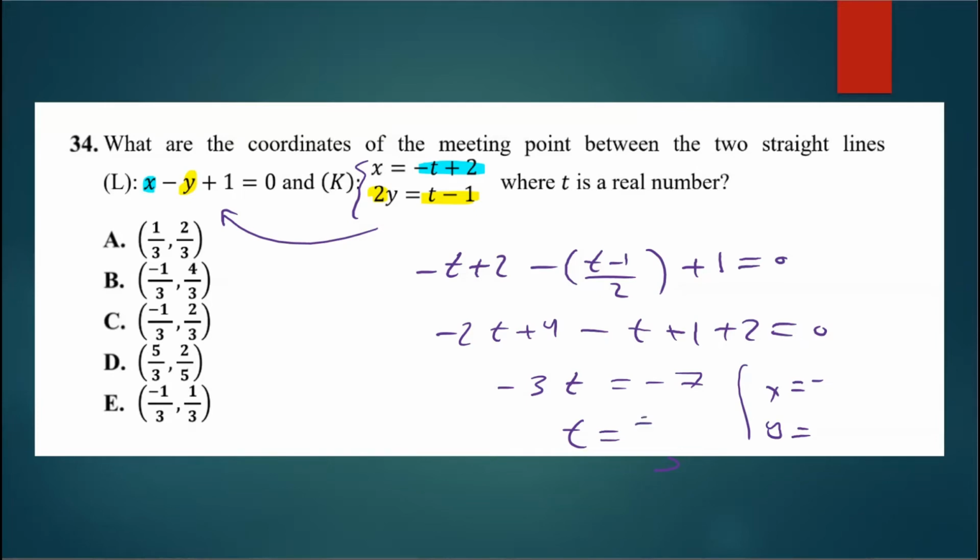Here is 7/3. Substitute 7/3 back, so it will be 7/3 plus 2. That will be like -7 plus 6. That's a -1/3. Okay, and also substitute that in the other equation, -7/3.